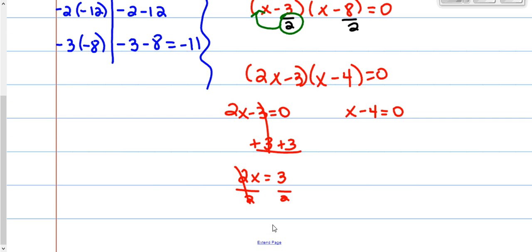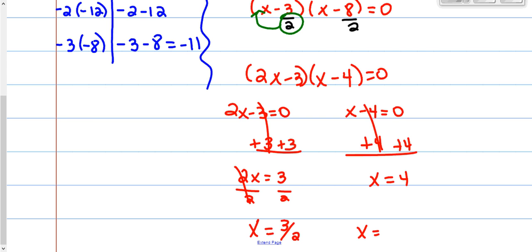And our answer there is x equals 3 over 2. On the right side, add 4 to both sides, and x equals 4. So we're going to go ahead and write that answer down here with the other. We have x equals 3 over 2 and x equals 4. And there we go. There's part 2 of 4.1.